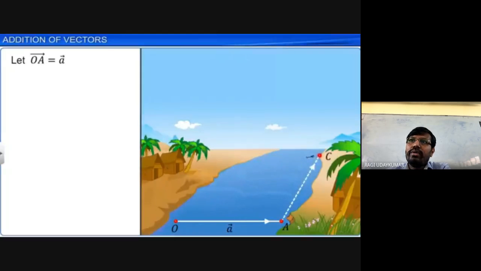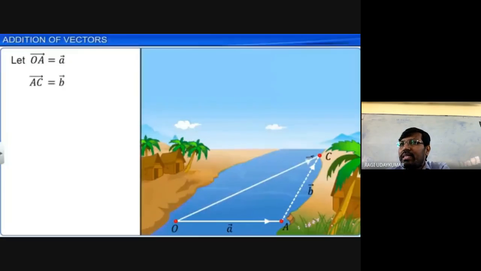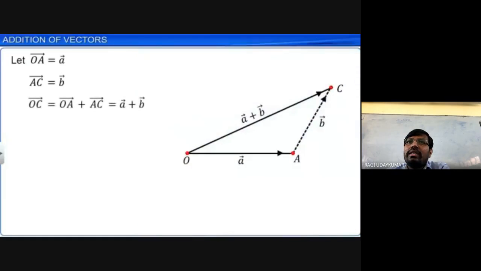So you are going to reach that point. From O to C you are going, and A to B is another vector. So for addition of vectors, the water flow is in the direction of the B bar vector, and your displacement will be A bar plus B bar.